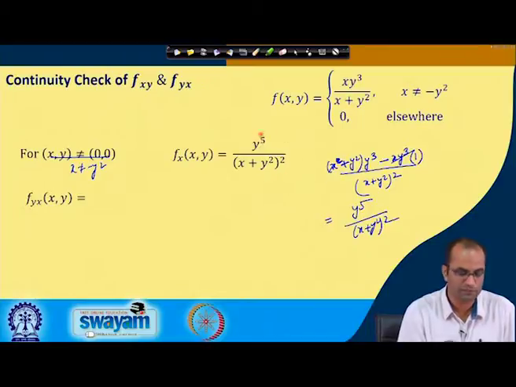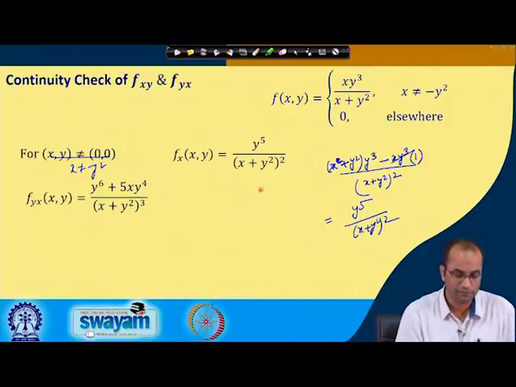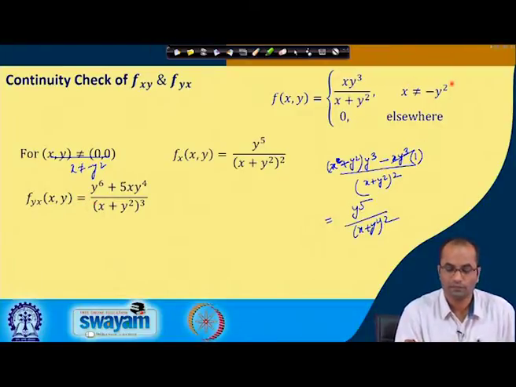Now, the function is this one, we will get here y to the 6 plus 5 x y to the 4 over (x plus y square) cube. When we take the derivative of this one with respect to y, keeping x as constant, we will get this term here. So, we have this partial derivative f_yx at a point (x, y) when x is not equal to minus y square.